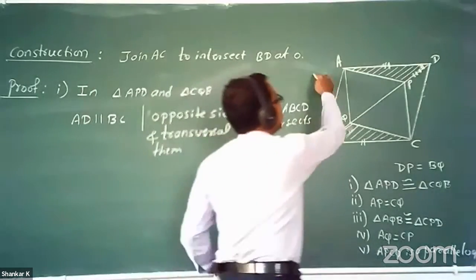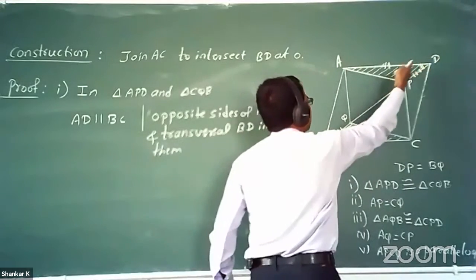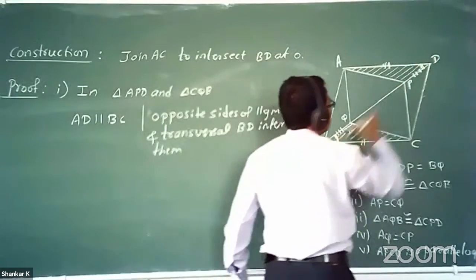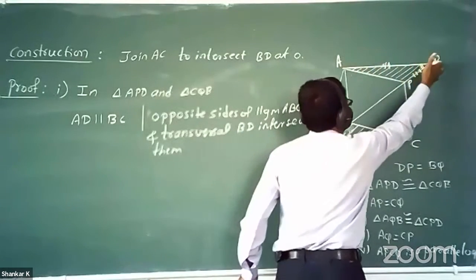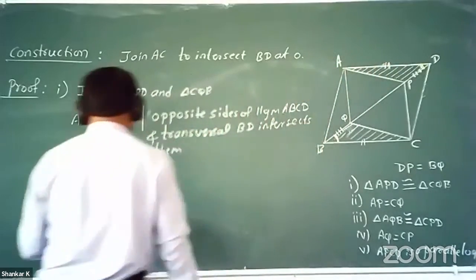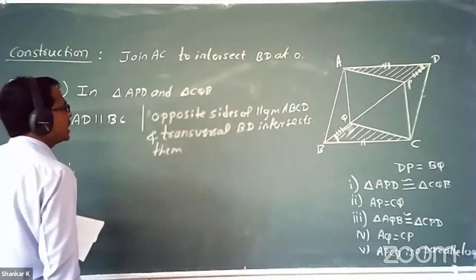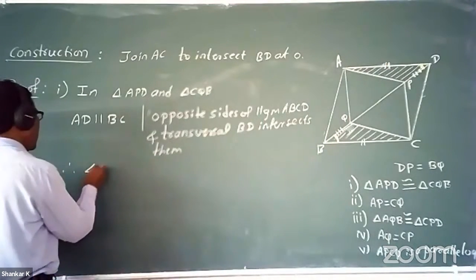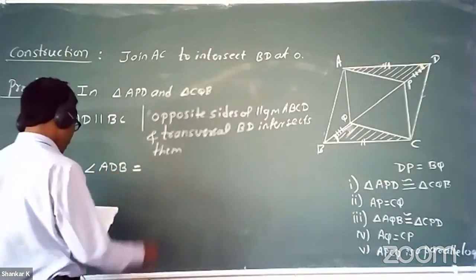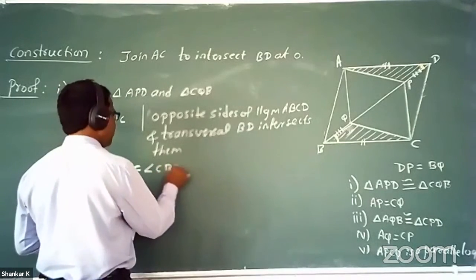Here, AD is parallel to BC. This BD is a transversal. BD intersects AD at D and BC at B. Means BD intersects them. Therefore, which are alternate angles? Angle ADB is equal to angle CBD.